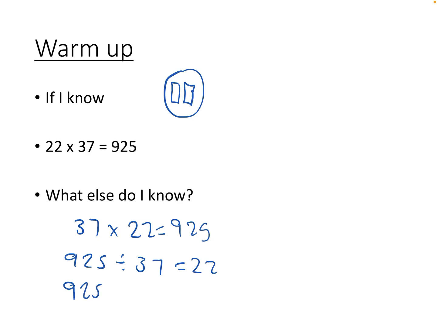And we know that 925 divided by 22 equals 37. Is there anything else that we know? We know that if I've got 925 sweets, let's say, we've used that example before, and I've got 37 people, they'll each get 22 if I divide them equally between each other.